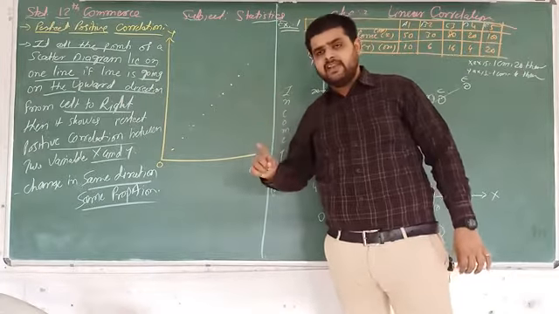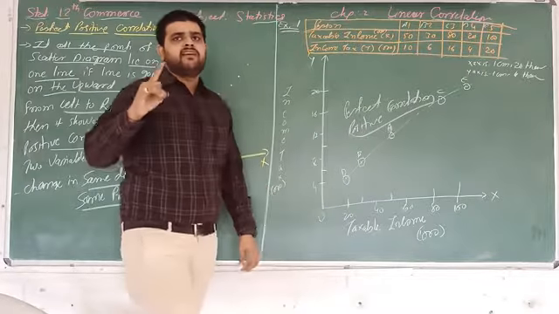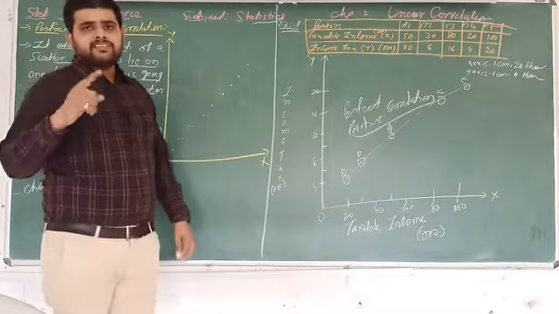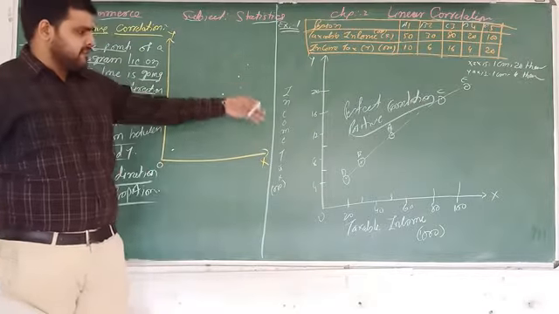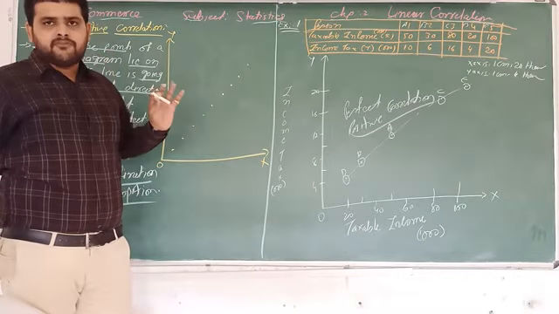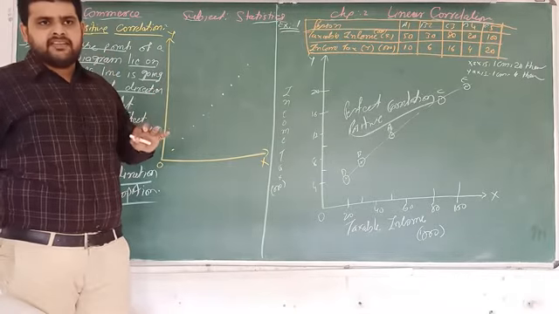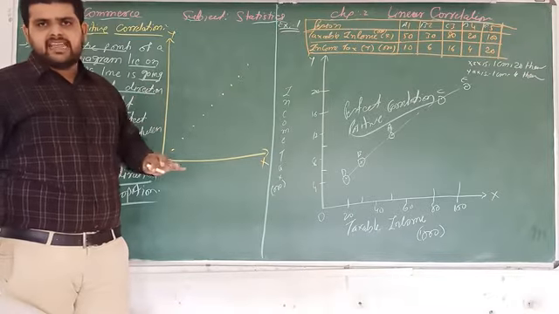Once again we revise the whole video. First, we studied one variable, two variables, and the cause and effect relationship. Thereafter correlation, its meaning and definition. Then types of correlation, positive and negative: if in the same direction, then positive; opposite direction, then negative.